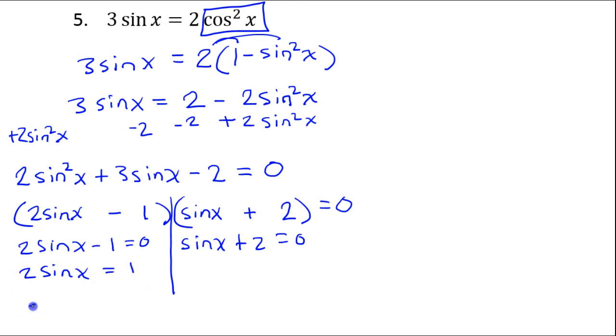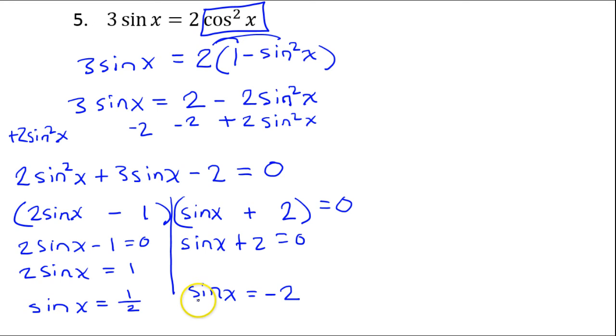Dividing both sides by 2, I'm going to get sine x is equal to 1/2. And over here, subtracting 2 from both sides, I'm going to get sine x is equal to negative 2.